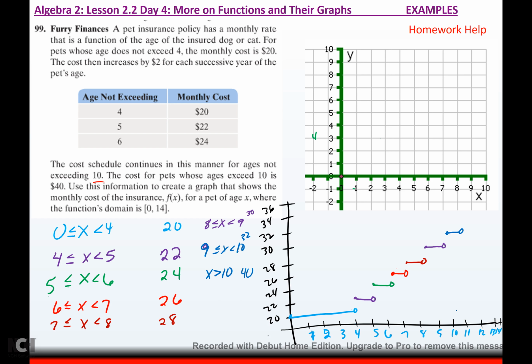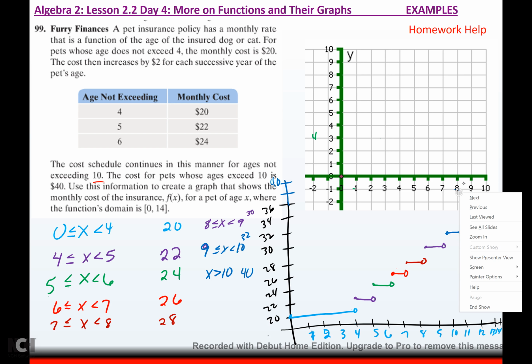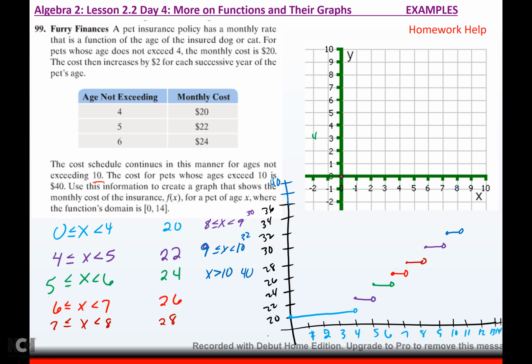So once you reach 10, it jumps all the way up to 36, 38, 40. Jumps all the way up to here. Right? And this one would be closed, and it would go forever that way. After 10 years old, you got a straight fee of 40 bucks. And that would be my step function for these furry finances.